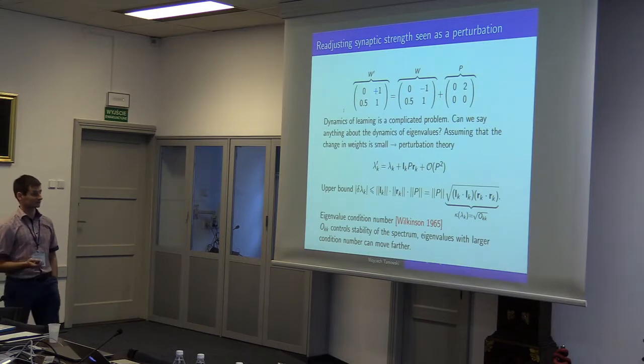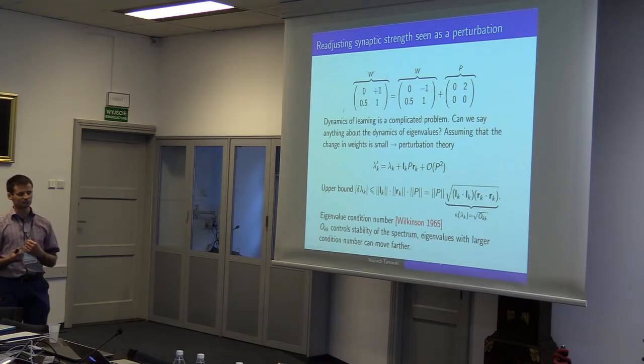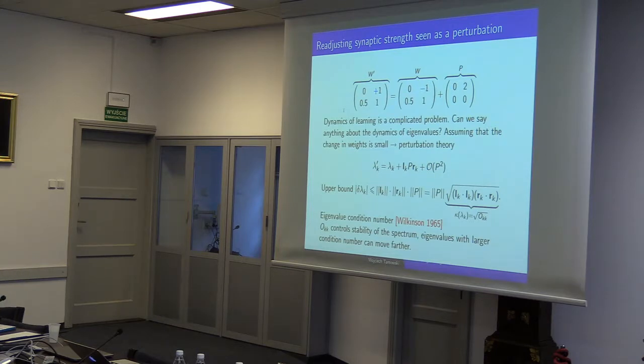And it turns out that this number already appeared in the community of people doing numerical analysis in the 60s, when it was quite crucial to estimate the precision of the calculations. People were working with, for example, precision of 10 to minus 10.